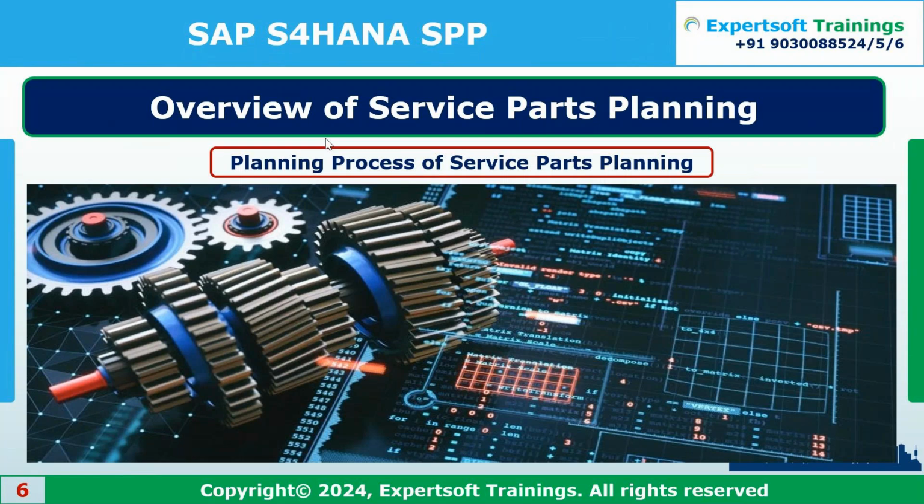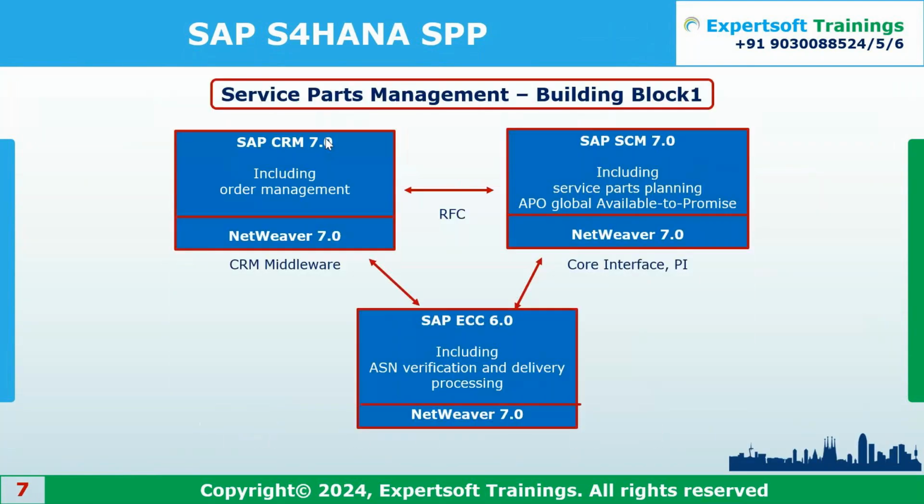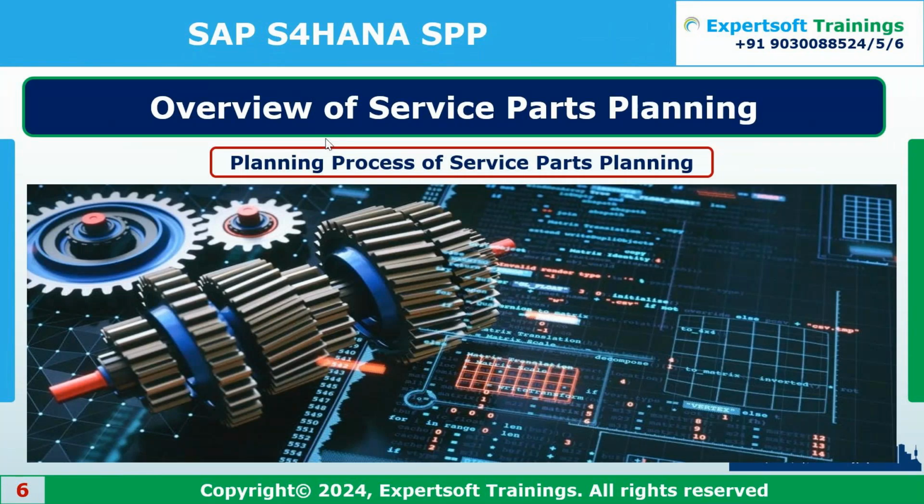First of all, I'd like to tell why do you need SPP? APO was able to handle this, so instead of having that, why are we going for SPP? It's because in service parts we have a complex design and supply chain. That's one of the main reasons for going forward with SPP. The next point is that we design VOD, bill of distribution, for SPP.